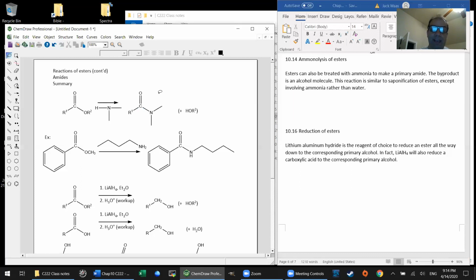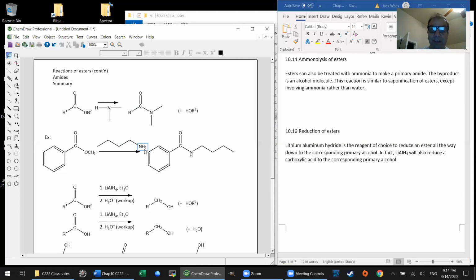But the concept and mechanism behind this reaction is just like saponification of esters, except instead of water, we're using an amine. So just to give an example, here we have methyl benzoate. If we heated this, let's say, in the presence of butylamine, which I just picked because I felt like it, then I'd expect that you would get this butanamide shown here.